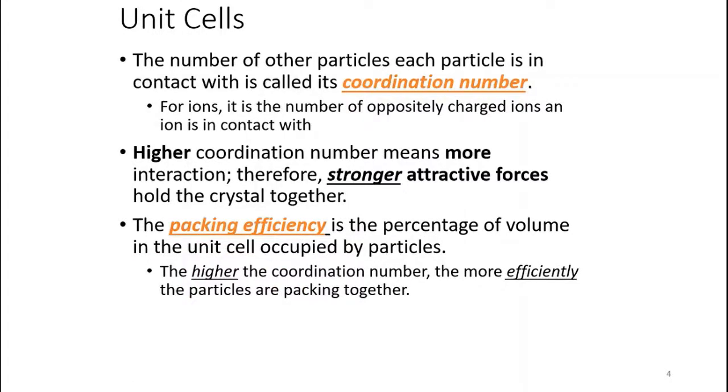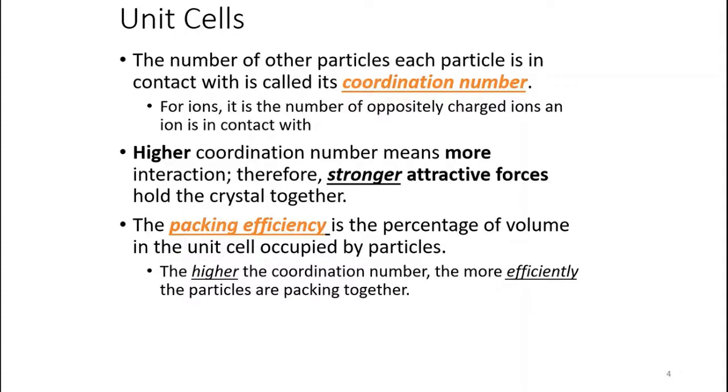Another parameter that we study when we look at these crystal structures is how many particles a given particle is in contact with. We call this the coordination number. For example, in an ionic compound, where the lattice points are occupied by alternating charges of ions, for an ion, the coordination number is going to be the number of oppositely charged ions that particular ion is in contact with.